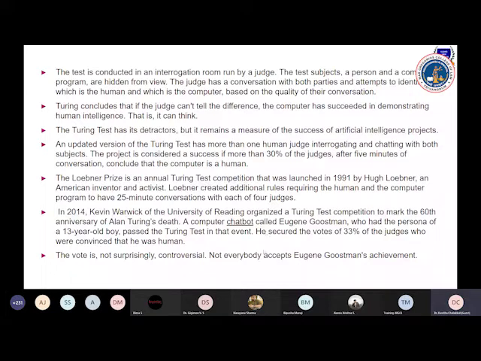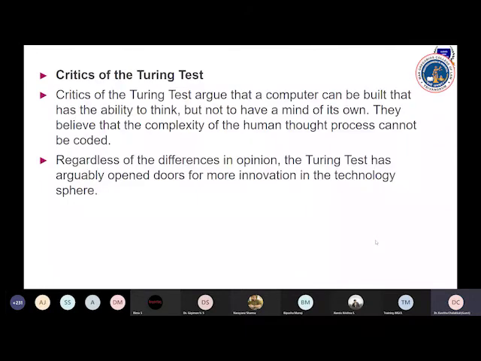who had the persona of a 13-year-old boy. So that is the only program which has actually passed the Turing test. And he secured the votes of 33% of the judges who were convinced that he was a human. But then, as everything else, the Turing test also has its own criticism.